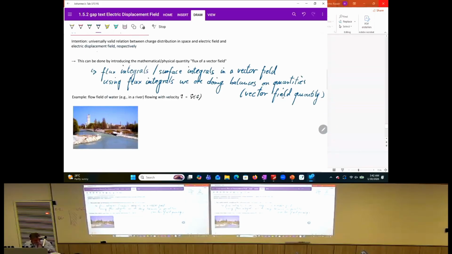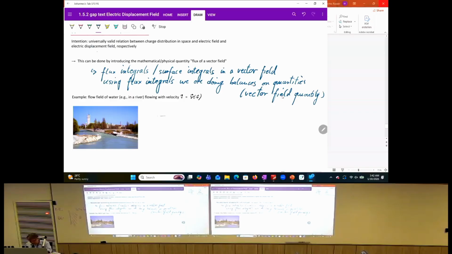So you have here a river flowing, and what is the idea of the flux integral? This is kind of an analogy; we will see how it looks for the electric field and dielectric flux in a moment. But let's assume you have here a vector field.